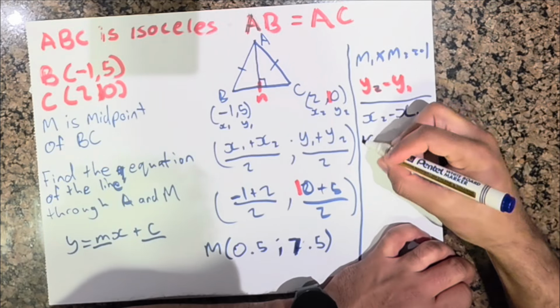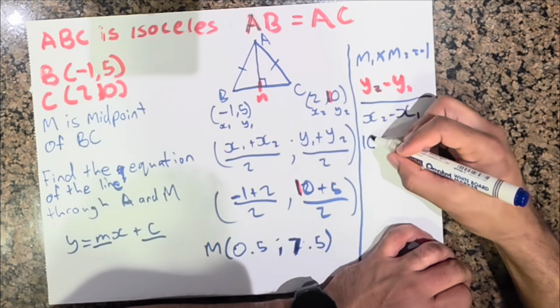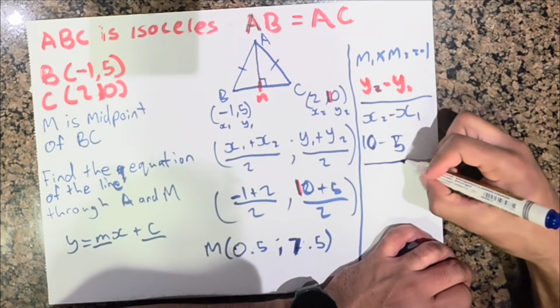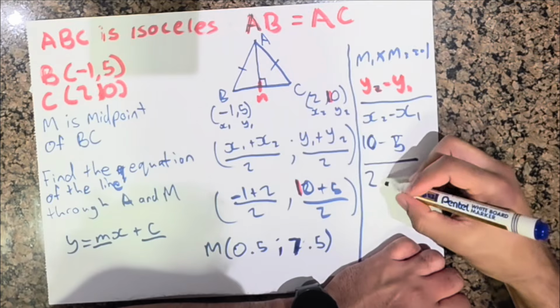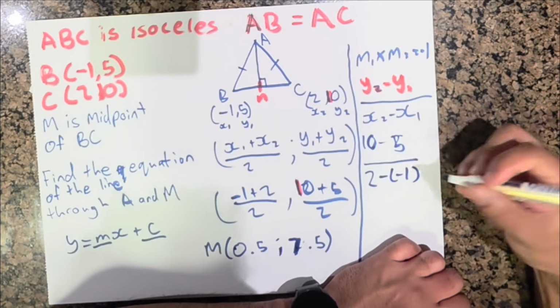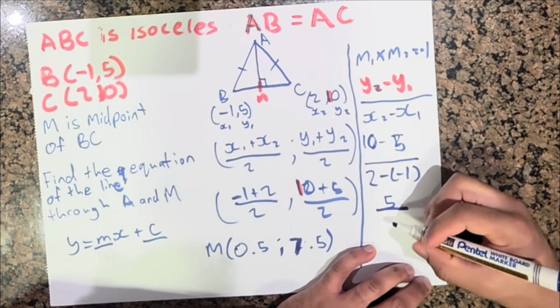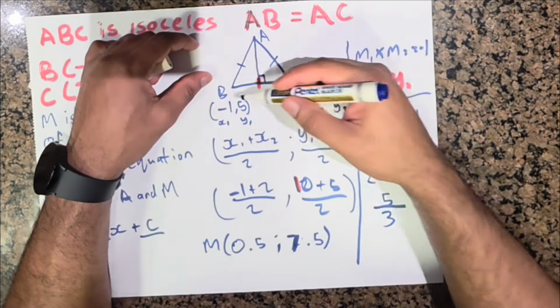So y2 will be 10, minus 5, over 2, and be careful for this negative, so it's going to be minus -1, which is going to become positive. So now you've got 5 over 3. Okay, so this is the gradient of BC.